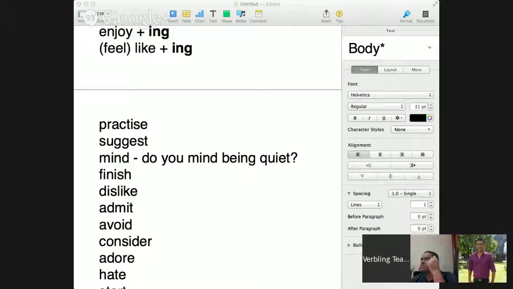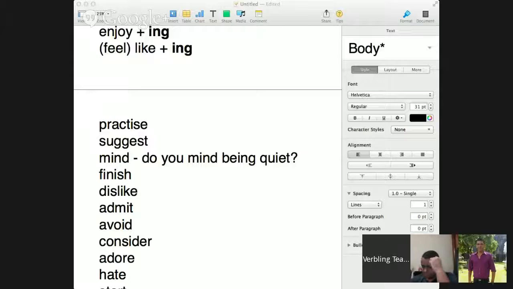So I can't finish. But when I just want to say that I admit eating too much lately, how can I say this sentence? I don't know. You can say, I admit I have been eating too much lately, or I admit I have eaten too much lately. But you need another subject in there if you're just going to finish the sentence off.